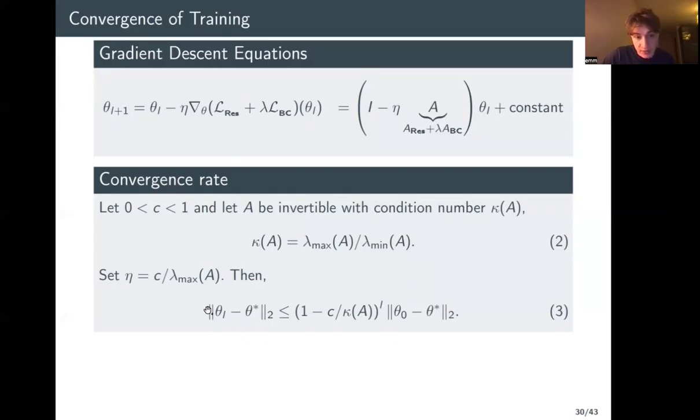So in this case, we can bound the distance to the solution at step L by a function of the distance between the optimal solution and the random initialization of the parameters theta 0, times this quantity here, which depends on the condition number.